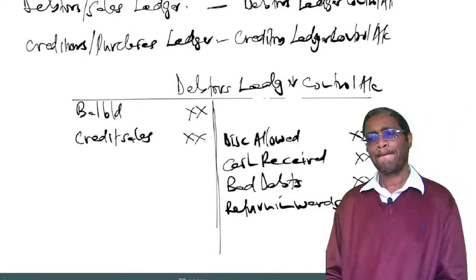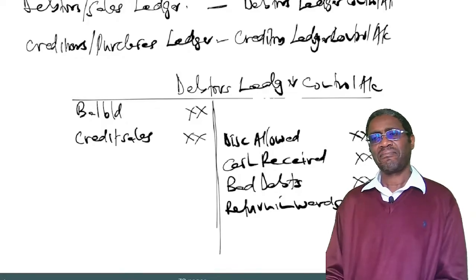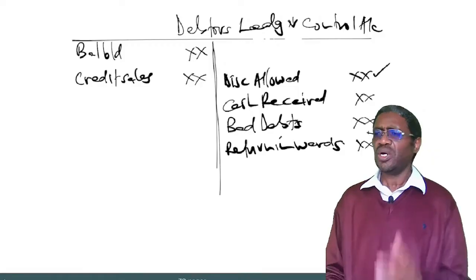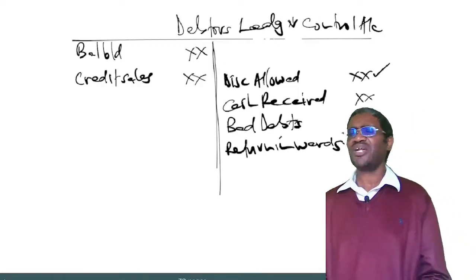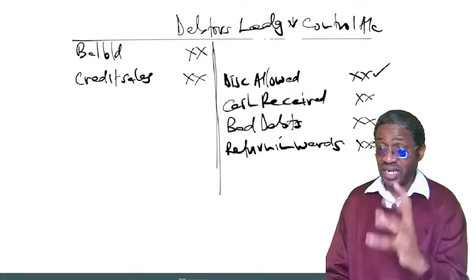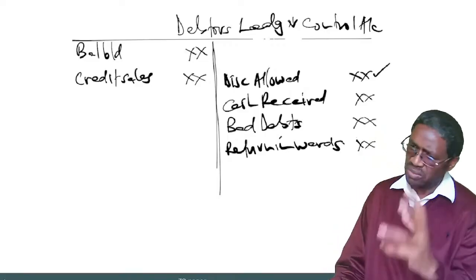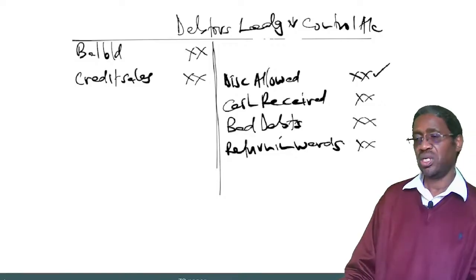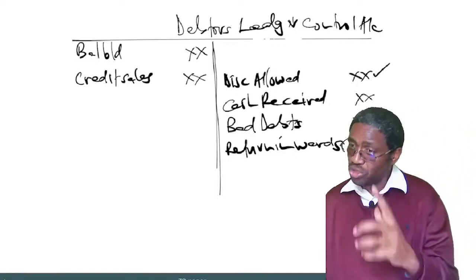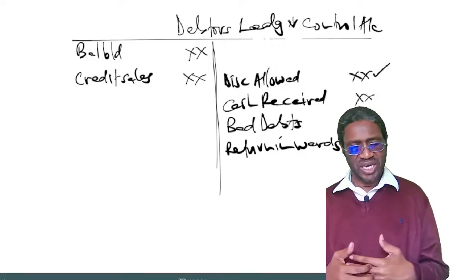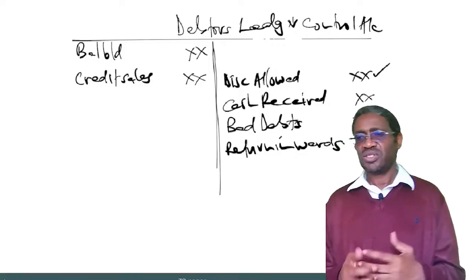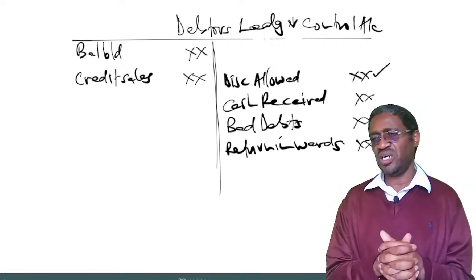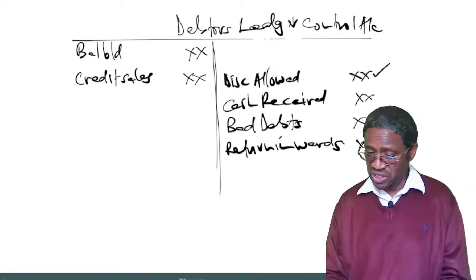Now, listen. So we are trying to look for what are the transactions that are normally recorded in the debtors account. Those same transactions are recorded in the control account. So it is important to know the double entry. Now, I have started with the balance by the beginning of the year. That's where we should even have started.